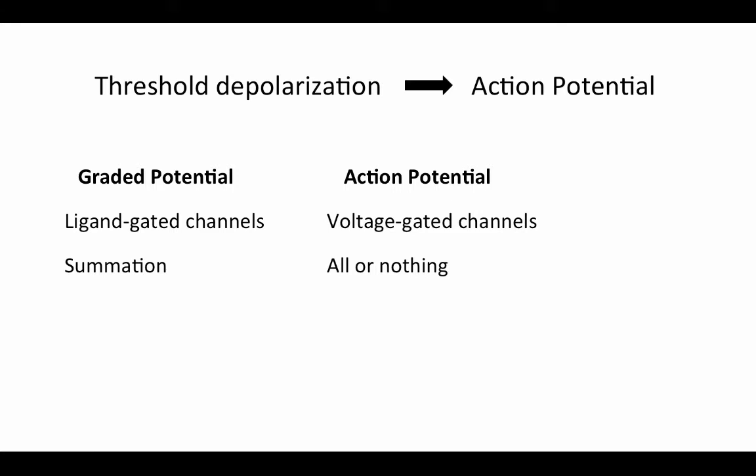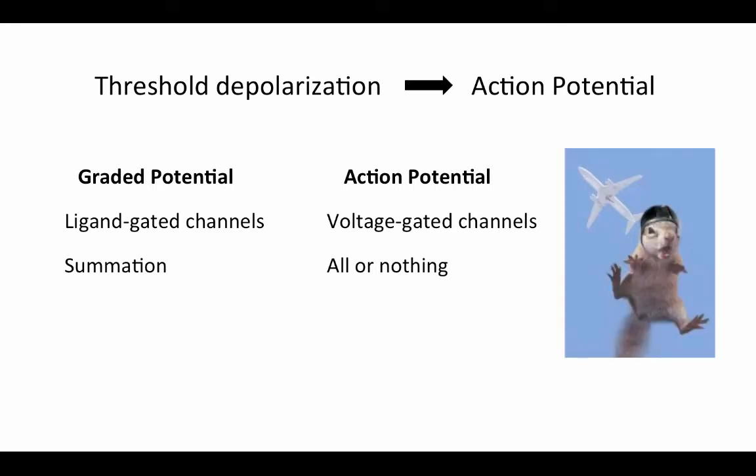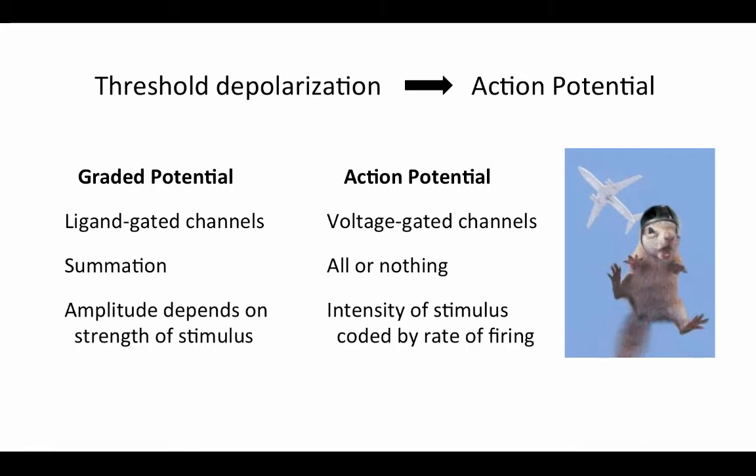It's going to be an event that happens, and either it happens or it doesn't, much like our skydiving squirrel. Either it's going to jump out of the airplane or it's not going to, but there's nothing in between. In a graded potential, the amplitude depends on the strength of the stimulus. So that means that the degree of depolarization or hyperpolarization is going to depend on the strength of that stimulus.